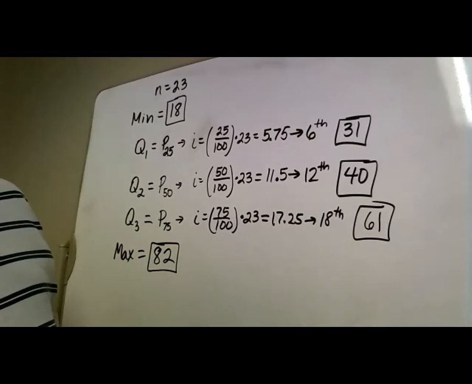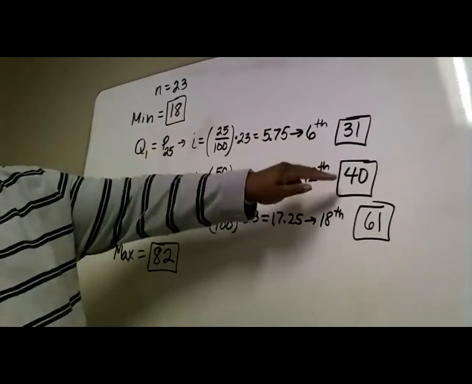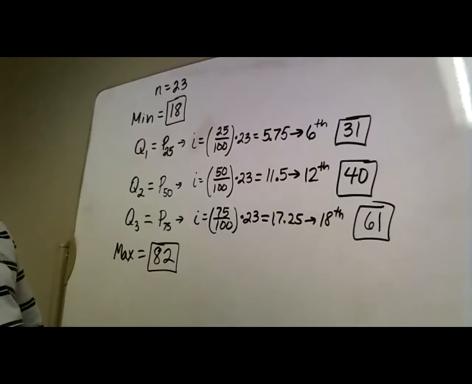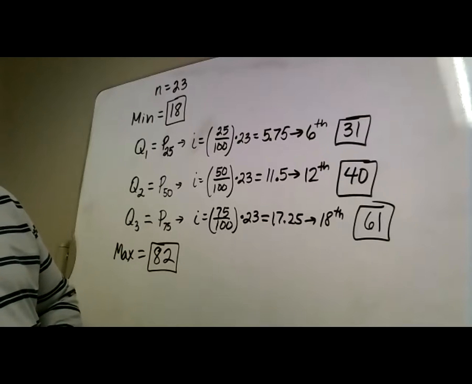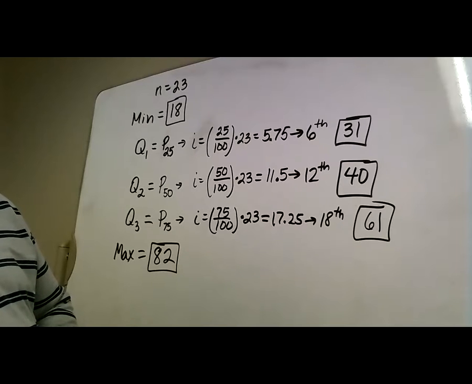Okay. So these numbers that I have boxed in represent the 5-number summary. Any questions about finding the 5-number summary?